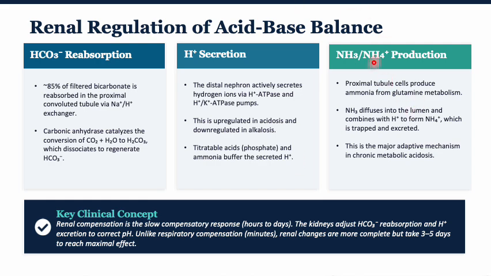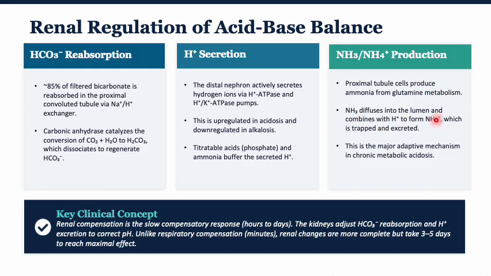And another important function for the nephron or the kidneys in regulating acid base, it can produce ammonia and ammonium, which is the NH4. The proximal tubule cells produce ammonia from glutamate metabolism.